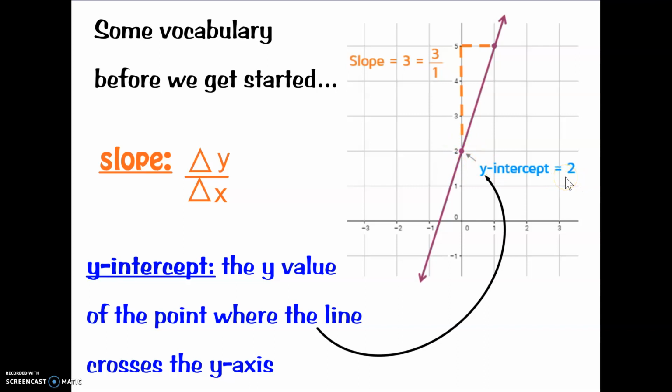So this is really the point (0, 2), right here. And notice how we only care about the y value. That is why we're saying it is the y-intercept. We are going to need the slope and the y-intercept to do our learning goal.